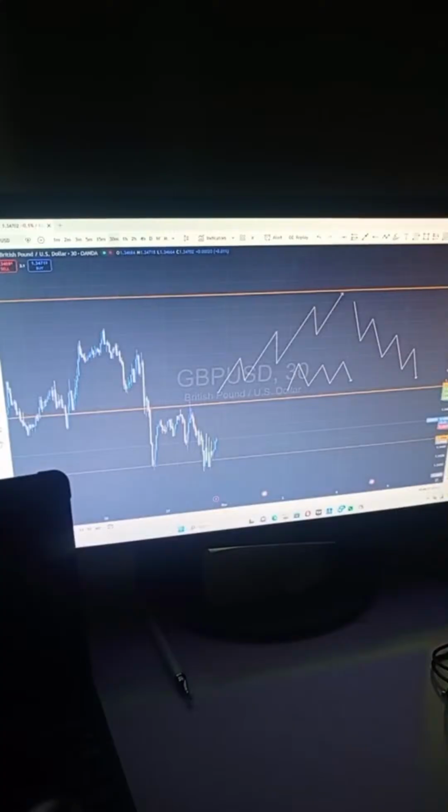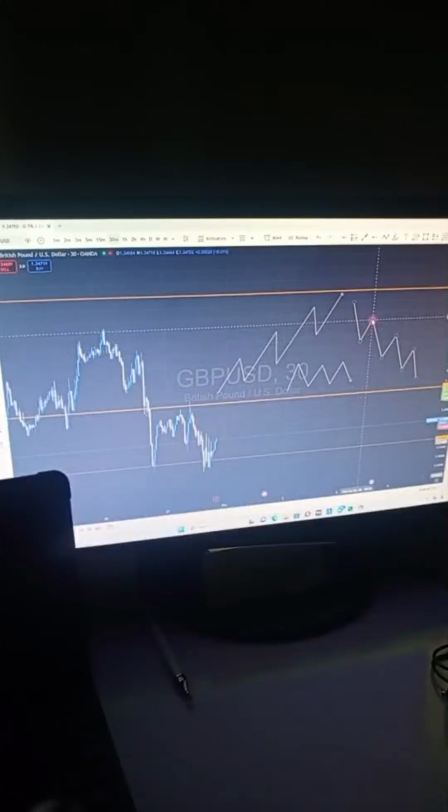All right. So this is an uptrend. This is a downtrend. And this is a consolidation trend. I've taught you about key levels and now I've taught you about trends. So in a downtrend, you wait for pullbacks like this.